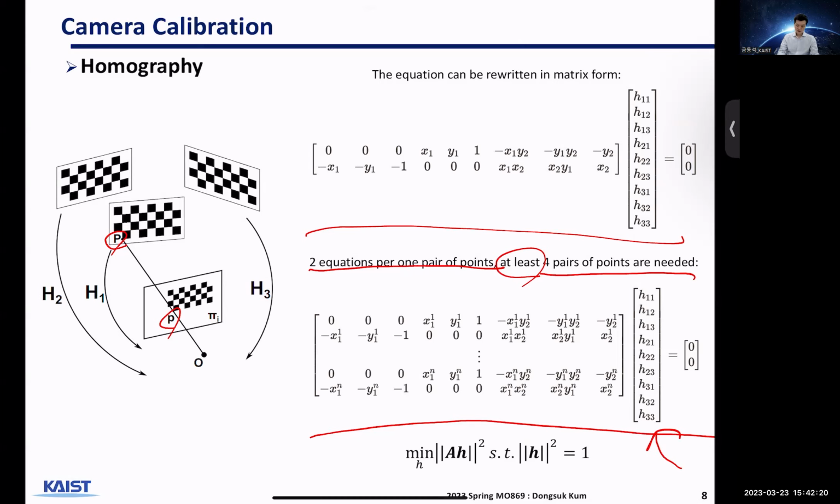If we have more, then obviously that would help get a more accurate homography matrix, by finding the H vector that minimizes the 2 norm of AH, such that the 2 norm of H equals 1.